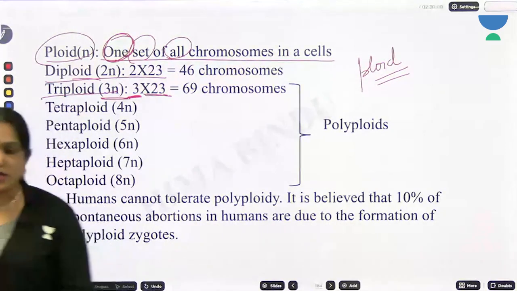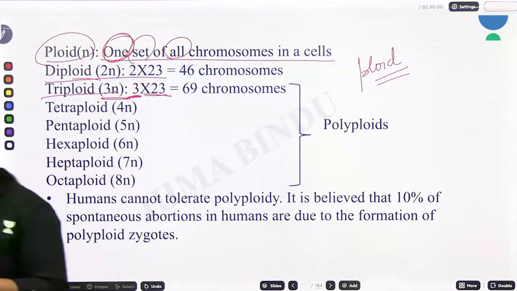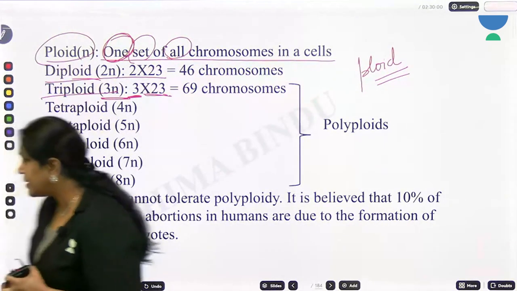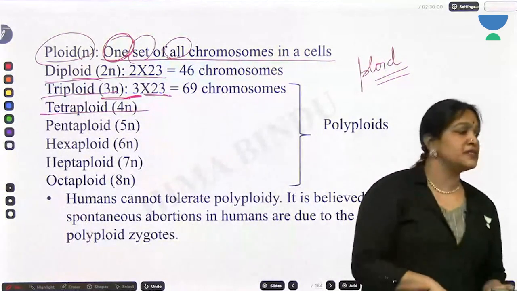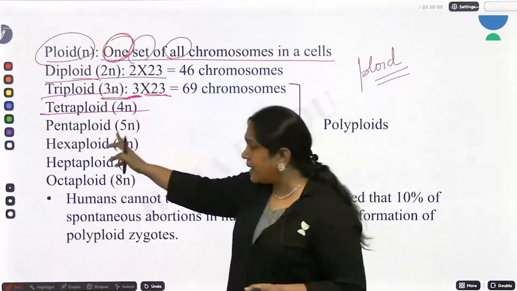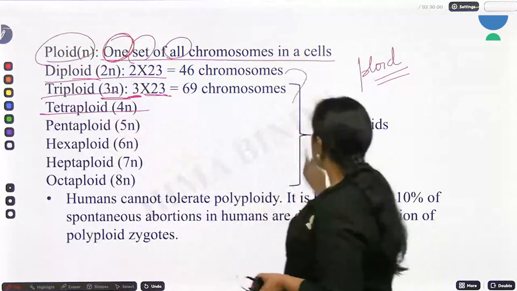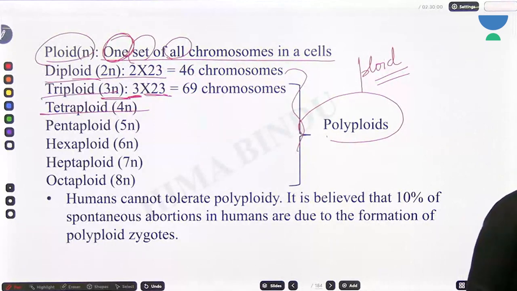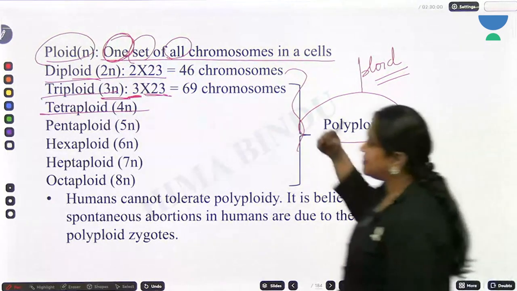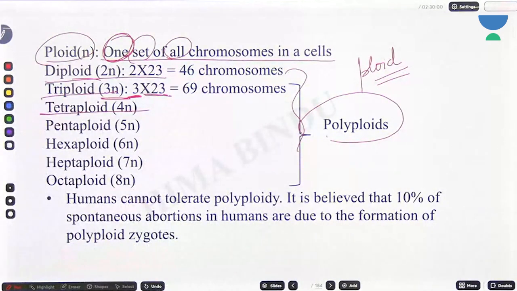That is the difference. Triploid, 3 ploids. Trisomy, 3 chromosomes. So don't get confused. If every chromosome is in 4 copies, it is tetraploid, then pentaploid, hexaploid, heptaploid, octaploid. All together, poly means many. So from triploid to octaploid, a common word that can be used is polyploid.